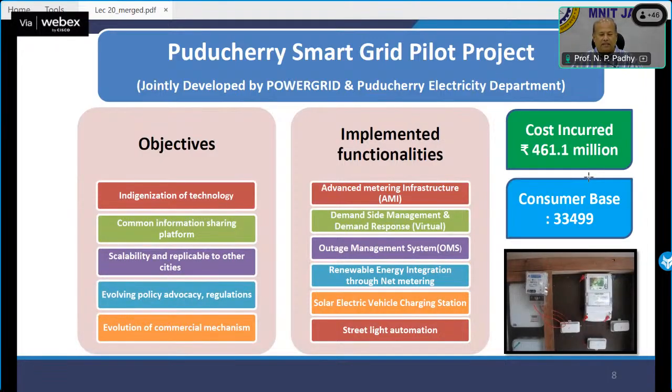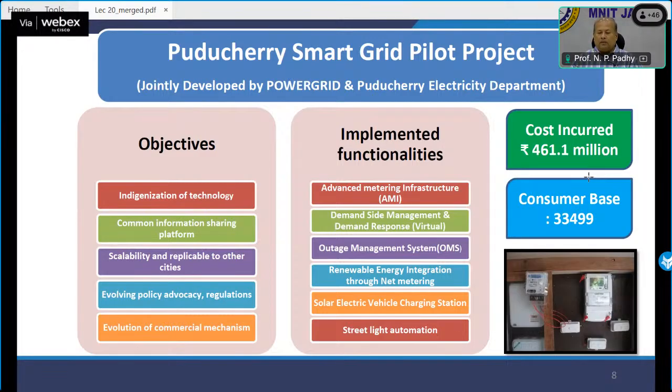Then we had some success stories to share. The Pondicherry Smart Grid pilot project, jointly developed by Power Grid. They tried to have indigenization of technologies, a common information sharing platform, scalability and replicability to other cities, evolving policy advocacy, and evolution of commercial mechanisms. The implemented functionalities were advanced metering infrastructure, demand side management, outage management system, renewable energy integration through net metering, and solar electric vehicle charging stations.